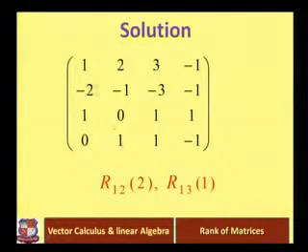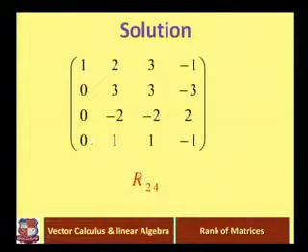For that we get 0 here. We multiply the first row by 2 and add to the second row, so we get 0, and again multiply the first row by 1 and add to the third row, so we get 0 0 here, and here we already have 0.